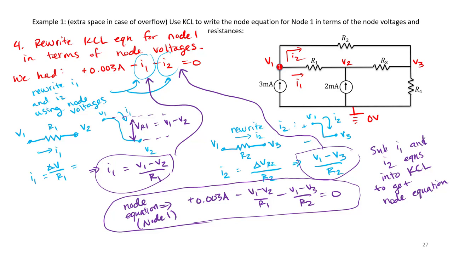Notice if we repeated the steps for nodes V2 and V3, you would end up with 3 equations and 3 unknowns, and it would be possible to solve for V1, V2, and V3. You'll do this potentially in a future homework assignment.